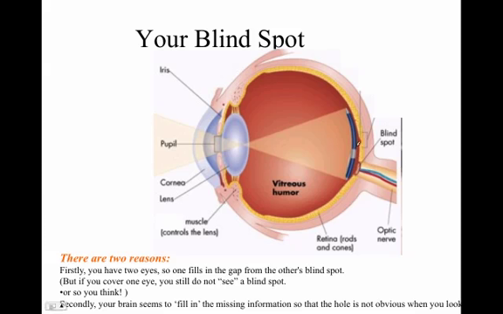I talked about this before. There's a blind spot where the optic nerve comes into the back, and therefore there is no retina. So if we look at an object and we force it to focus exactly on the blind spot, it will disappear.